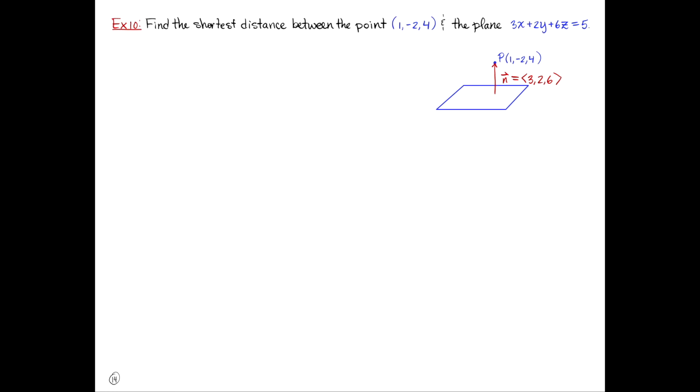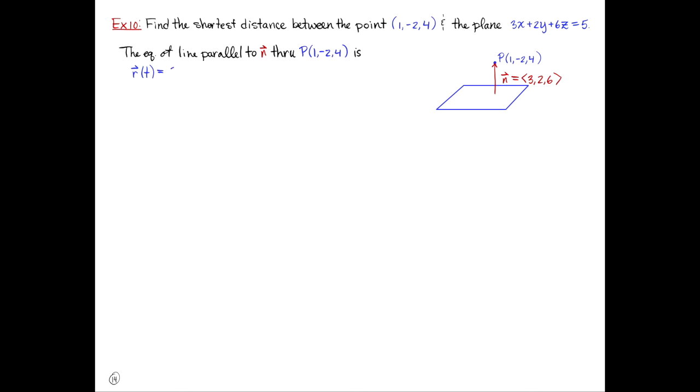Let's begin by finding the equation of the line that is parallel to our normal vector n and through the point 1, -2, 4. We have our direction vector n, our point p, and so the equation of this line is r of t equal to p plus dt.